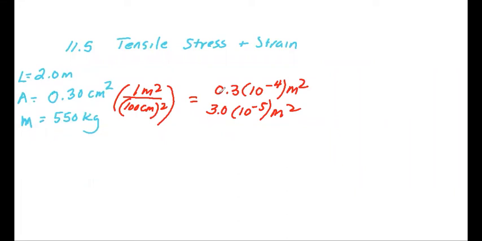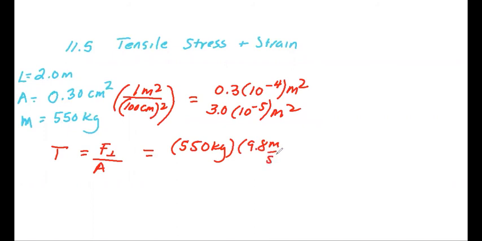It's under tension, so we're going to use the equation for tensile stress. T equals F perp over A, and we're hanging something for the force. So this is going to be 550 kg times 9.8 meters per second squared, divided by A, which is 3.0 times 10 to the negative 5th meters squared.